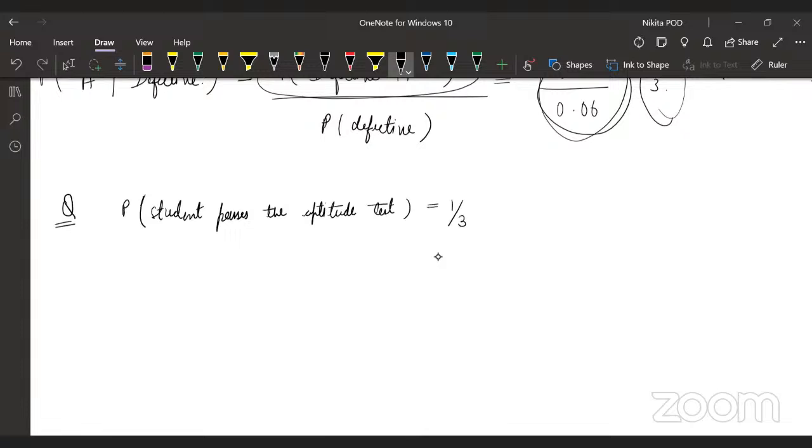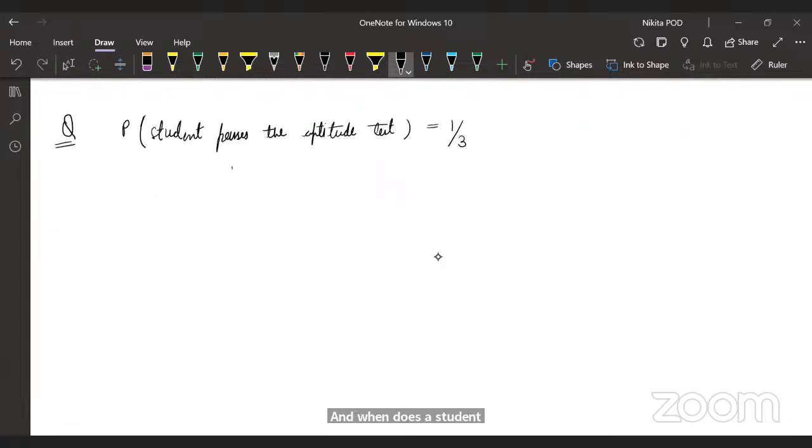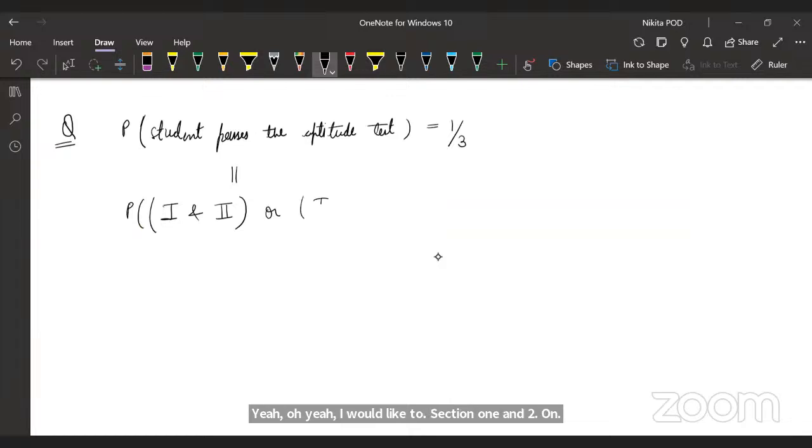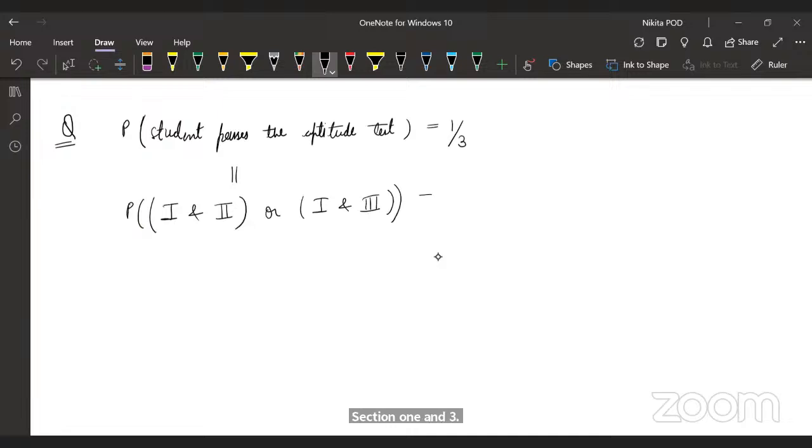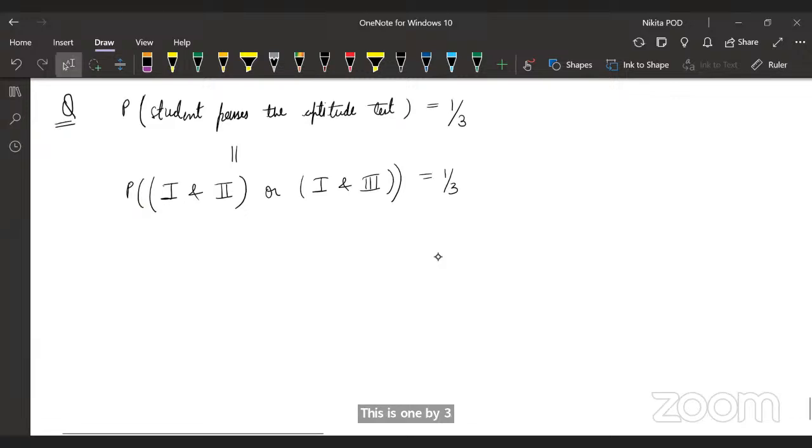And when does a student pass the aptitude test? This is when either the student passes section 1 and section 2, or section 1 and section 3. This is 1/3.